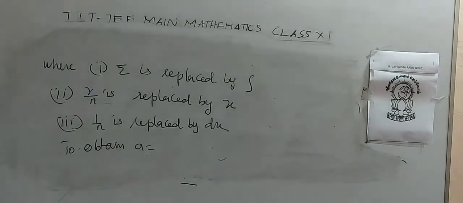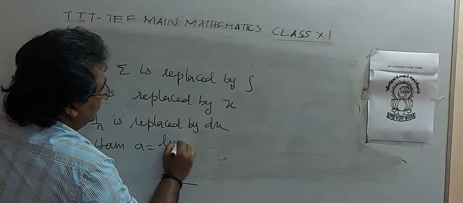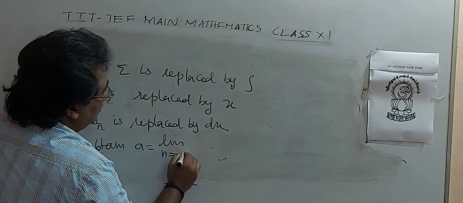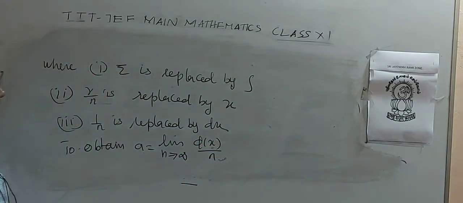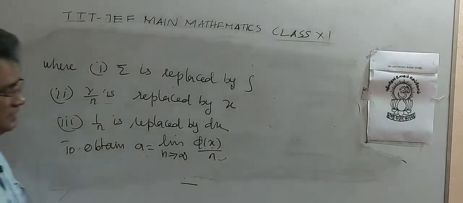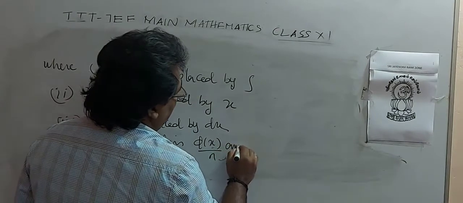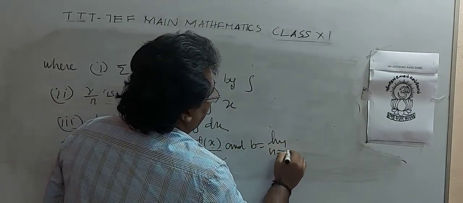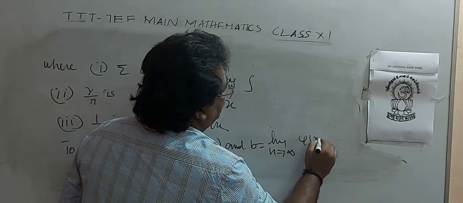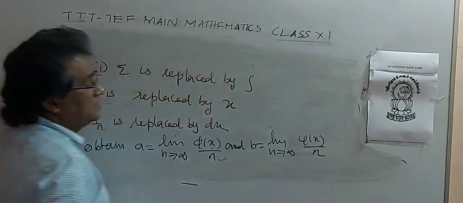To obtain a equal to limit n tends to infinity phi of x by n, and b equal to limit n tends to infinity psi of x by n.